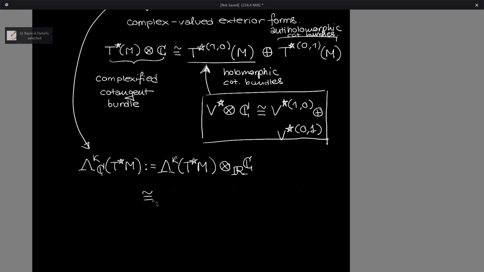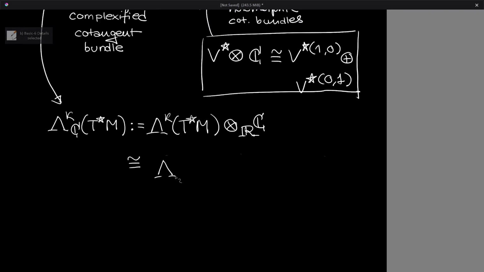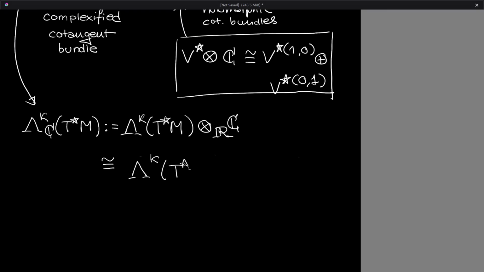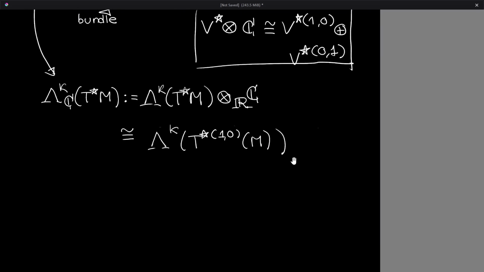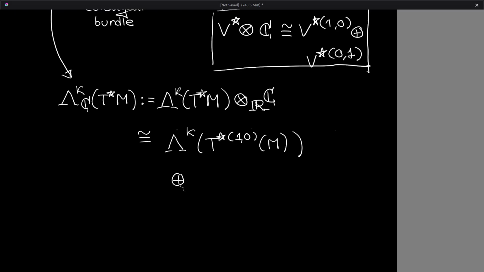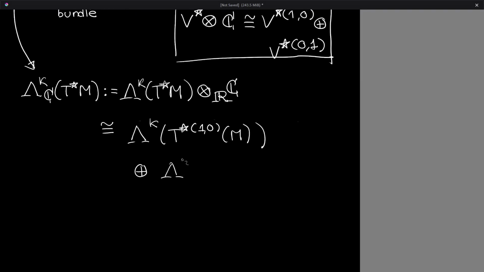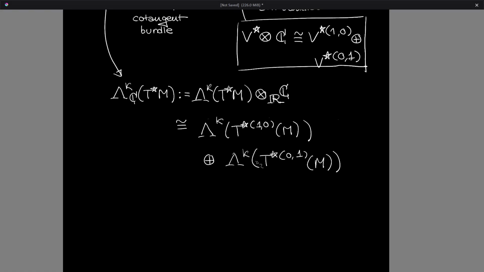So then this is equal to lambda k T star 1,0 of M, the holomorphic cotangent bundle, direct sum lambda k T star 0,1 M. And that is how we're going to find these building blocks.